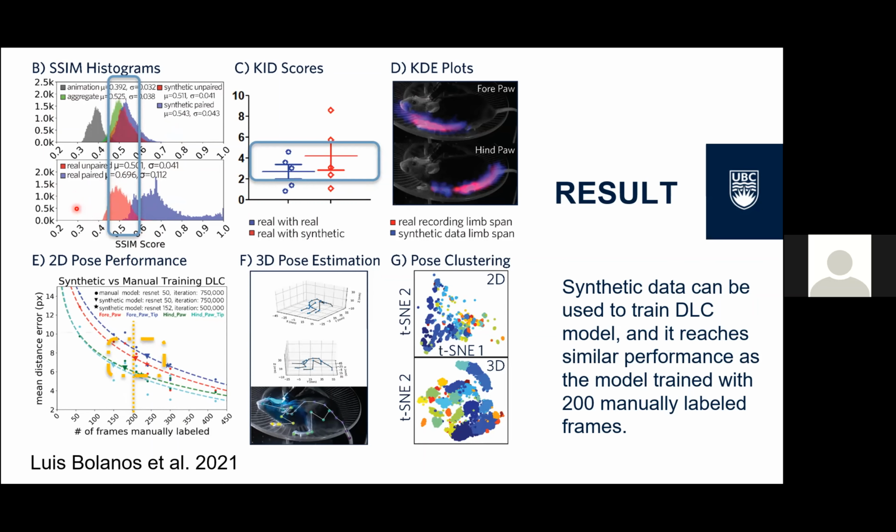We also compare the performance of DeepLabCut trained with manually labeled frames and the model trained with our synthetic animated frames, as shown in the yellow box here. The DeepLabCut model trained with synthetic data reaches a very similar performance to a model trained with 200 manually labeled frames. So we think it can significantly reduce the human labor.